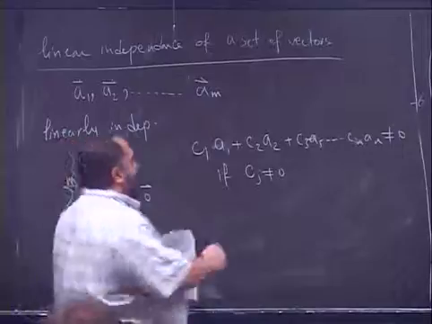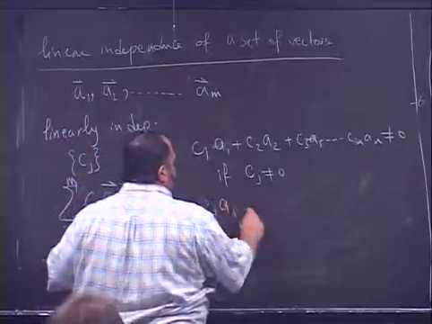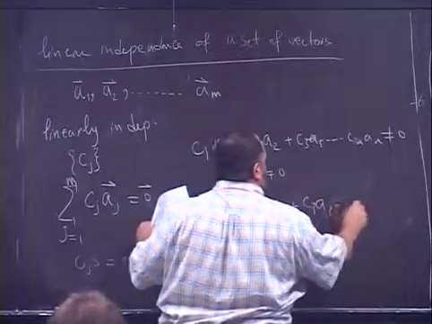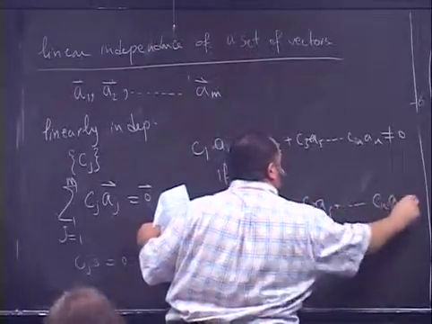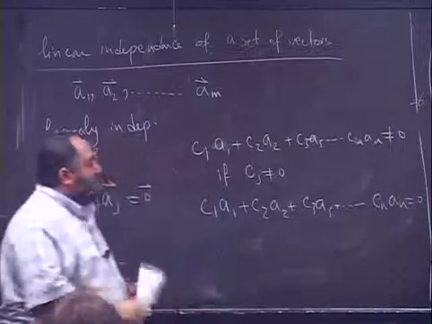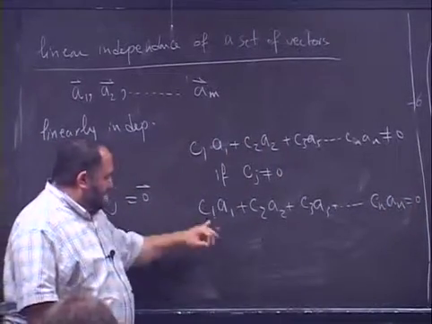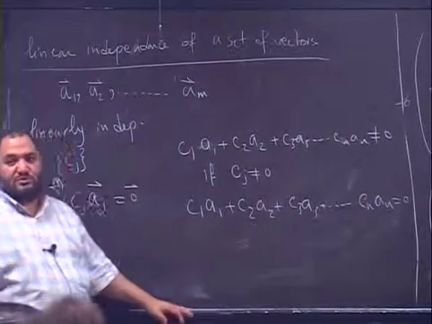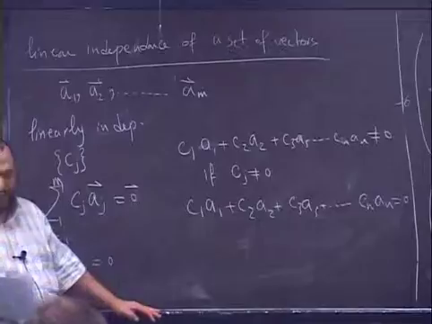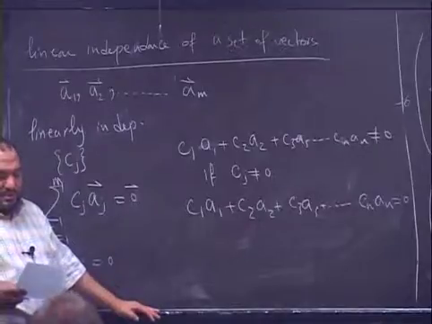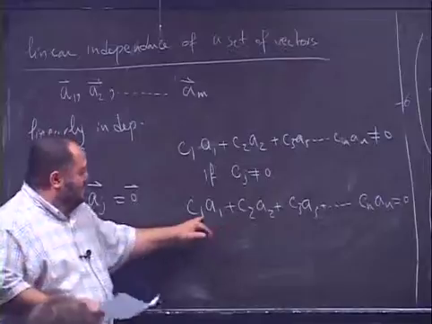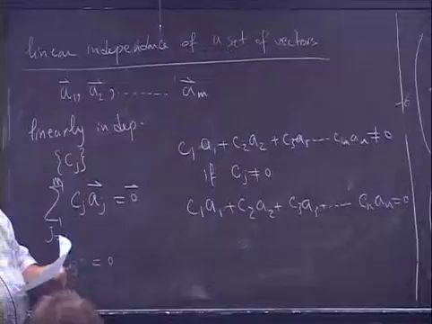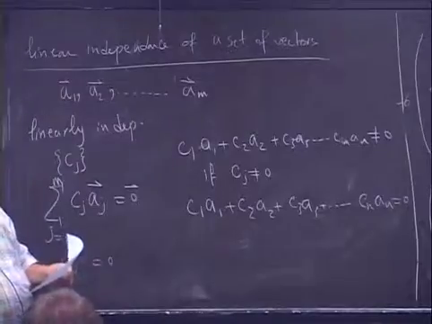So if C1 A1 plus C2 A2 plus C3 A3 up to Cn An equal 0, it is a must that C1, C2, C3 up to Cn have to be equal to 0. Otherwise, they are linearly dependent. So if they are linearly dependent, the Cj's should not all be equal to 0. Maybe one of the Cj's is not equal to 0.